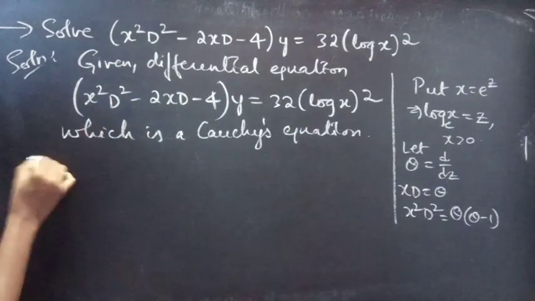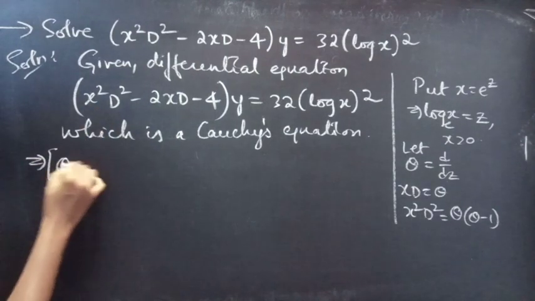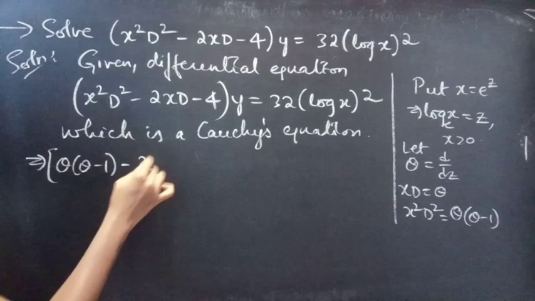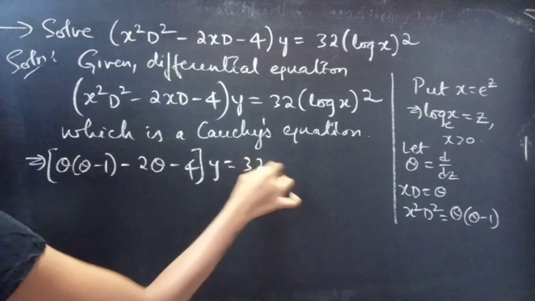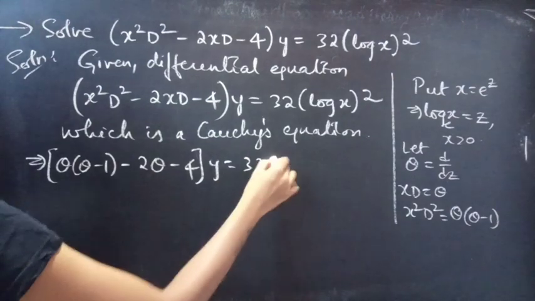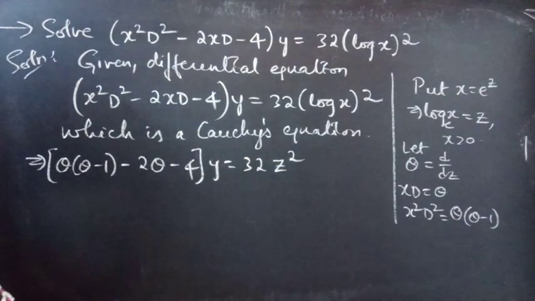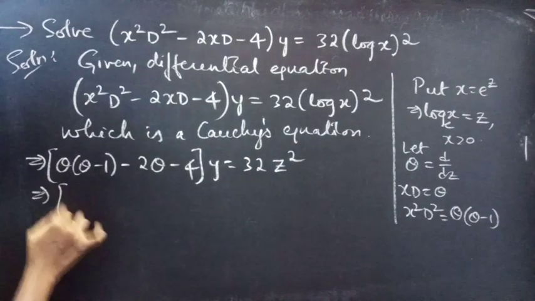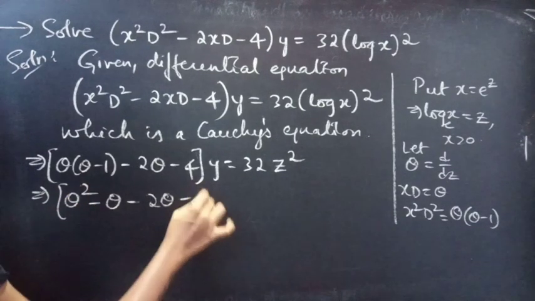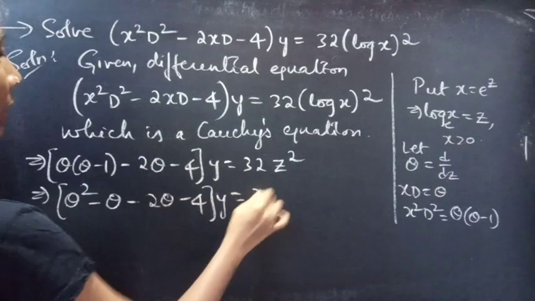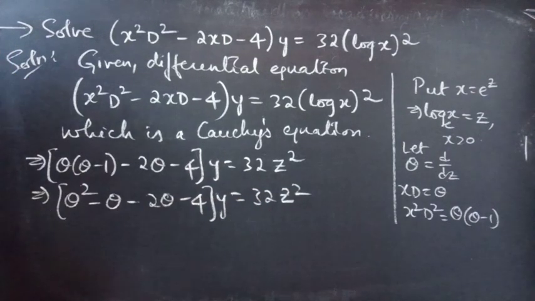Then the above equation becomes (theta of (theta minus 1) minus 2 theta minus 4) y equals 32, replacing log x by z, we get 32 z squared. Then (theta squared minus theta minus 2 theta minus 4) y equals 32 z squared.